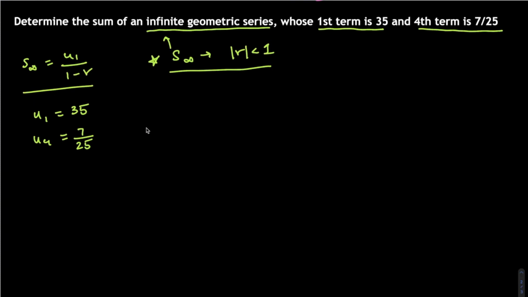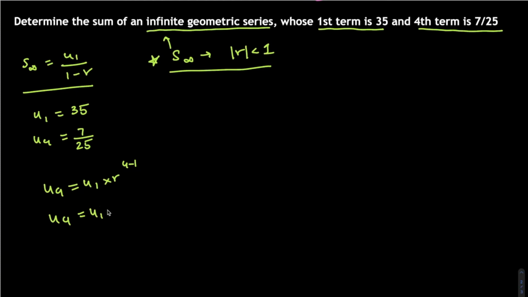We already have our first term. We just have to find our common ratio, so let's go ahead and do that. What we can do is write u4. u4 is u1 times r raised to the power 4 minus 1, given the formula from geometric sequences, which is u1 times r raised to the power n minus 1.